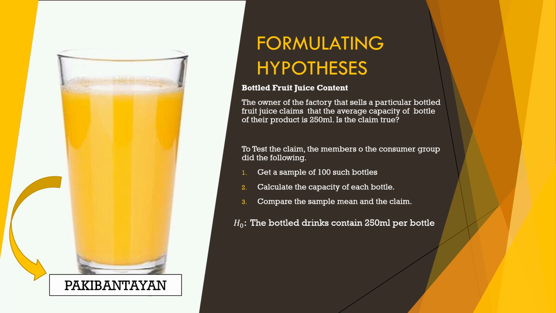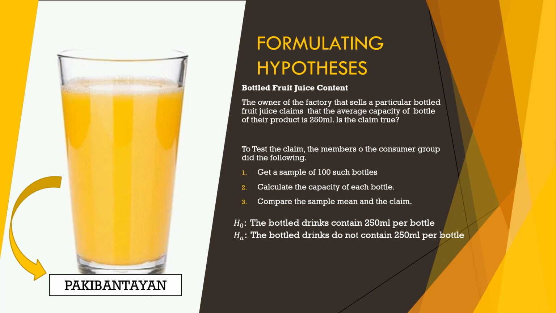Paano si alternative? Sabi natin kanina, they are opposing hypothesis. Okay, so yung magiging alternative hypothesis natin for this given problem is the bottled drinks do not contain 250 ml. Okay, by the way, si null at si alternative hypothesis, pwede po natin siya isulat in words, pwede rin po natin siya isulat into symbol.